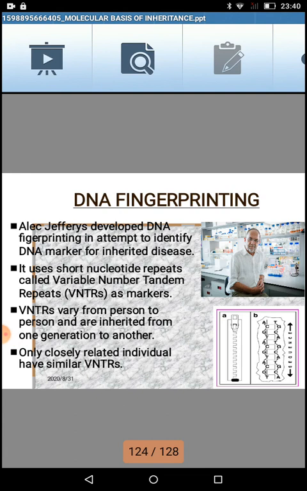a few things. Whenever we have to go for DNA analysis, the first thing we have to do is to isolate the DNA. And for isolation of the DNA, the property which is used is density gradient.